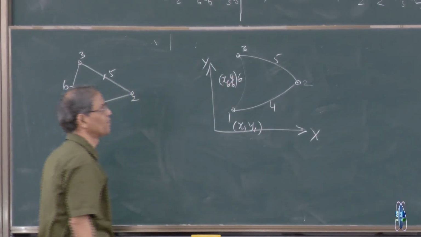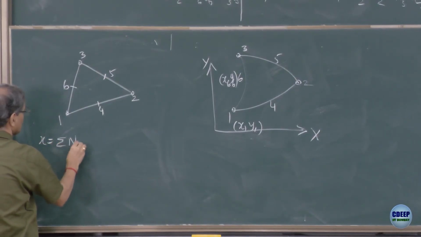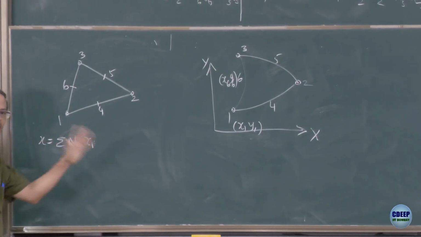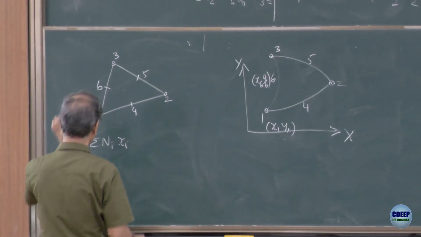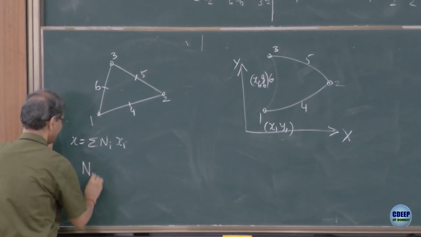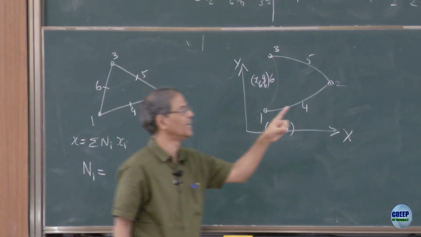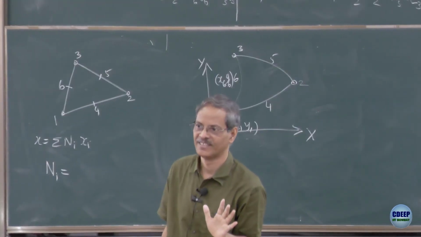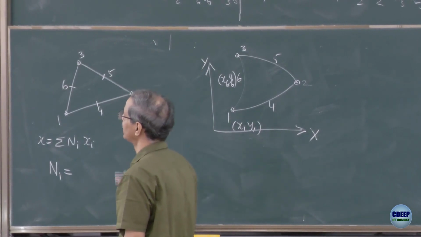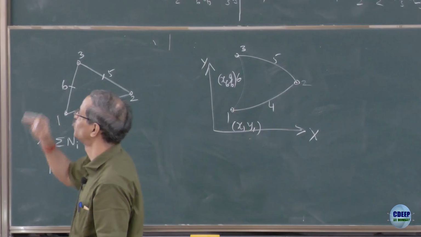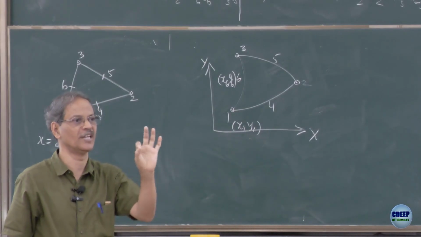So if I want to get x as sigma ni xi, y will be similar, the field variable will be similar, and so on. If I am looking at n1, n1 has to be equal to 1 at node 1, and 0 at every other node. So by our logic, we can say that the equation of line 2, 5, 3 will be satisfied by the coordinates of the nodes 2, 5 and 3.